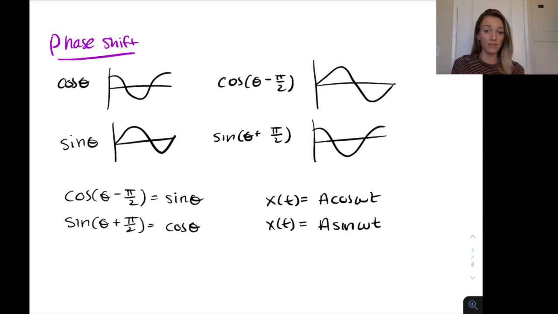They're just related by a phase shift. So if I had a phase shift here of minus pi over 2, I could just as easily write my formula for simple harmonic motion this way. So that's all a phase shift does. It just shifts to the left or right, and basically it can interchange between sine and cosine.